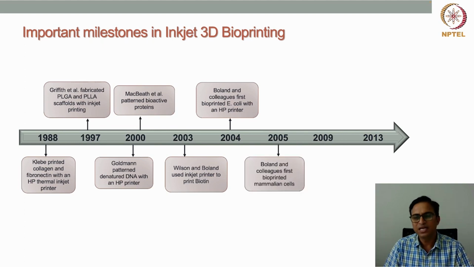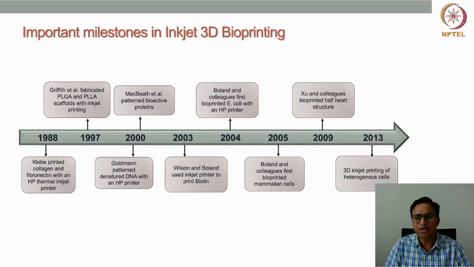Followed by that, in the same group, with the success of printing a living organism like E. coli, they printed mammalian cells with the same printer in 2005. Then there were various attempts to bioprint cells, proteins, and different biomolecules like DNAs.